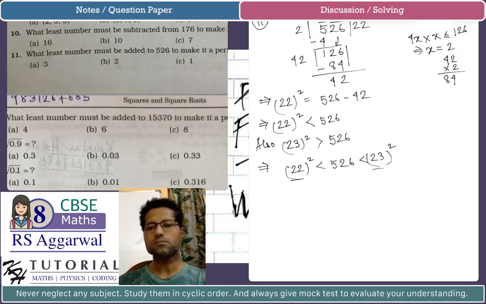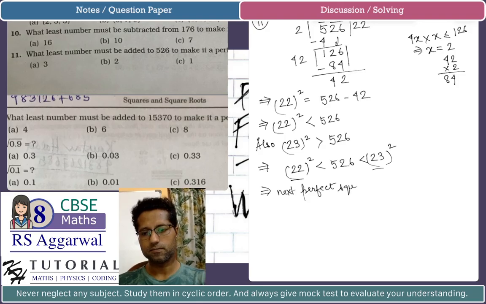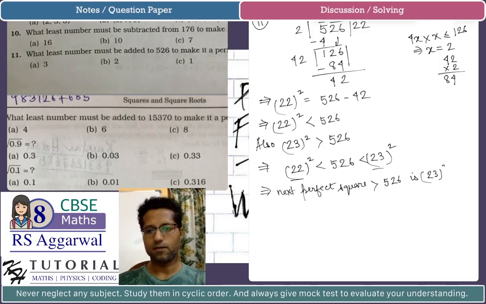Therefore, the next perfect square greater than 526 is 23 square. Therefore, this should be the least number.